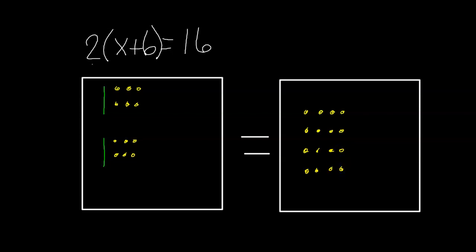All right, so I need to make 0 pairs, and I always work on the side that has the variable, so I'm working on this left-hand side. Since I have an actual total of 6 plus 6, so 12 positives, I need to add 12 negatives. What you do to one side, you always have to do to the other.